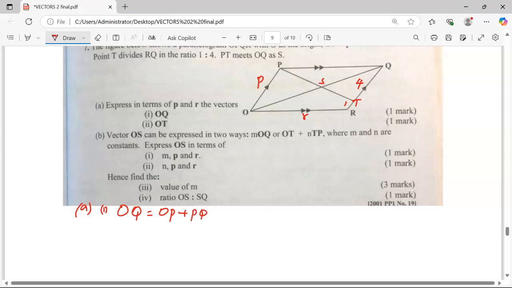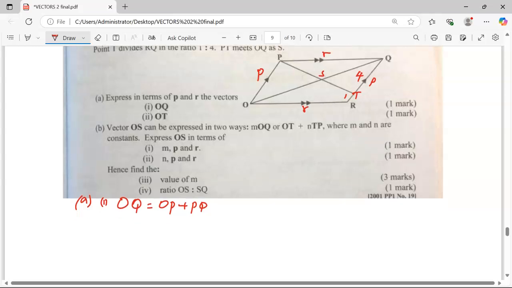We know that RQ and OP are parallel, and therefore OP and QR are the same, and therefore we can also argue that OR and PQ are also equal. From there, we know OP is P vector plus PQ is going to be R vector, and by so doing, we have expressed OQ in terms of P and R.